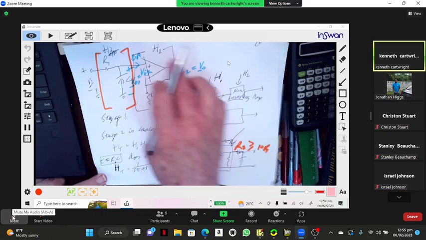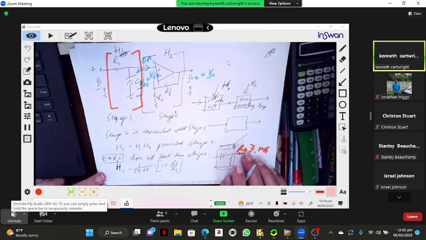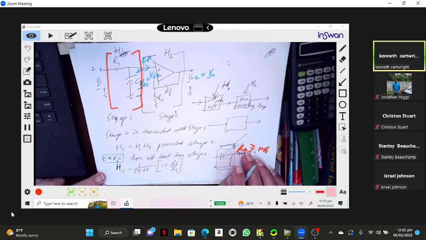What's the cutoff frequency of the entire circuit?